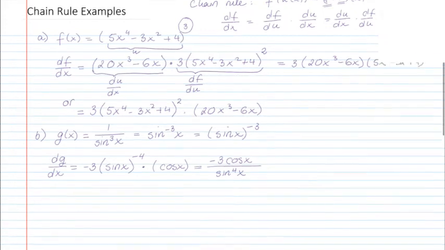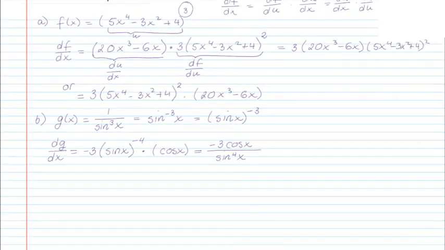Let's try chain rule with more than one nested function. So let's look at h of x. Let's do this: e to the square root of 2x squared minus 3.